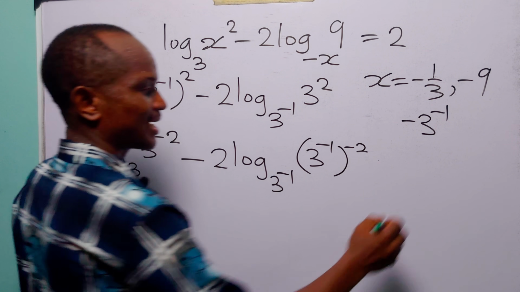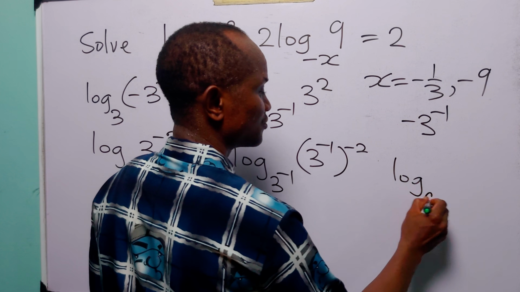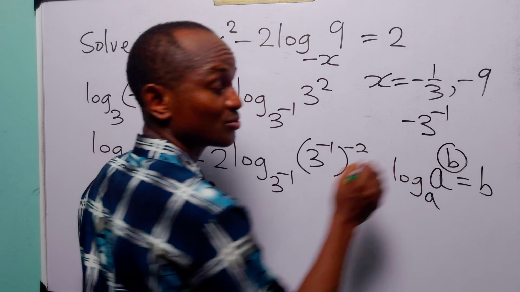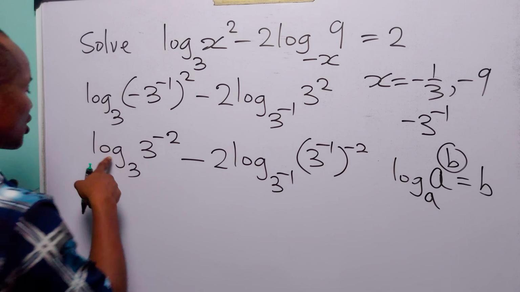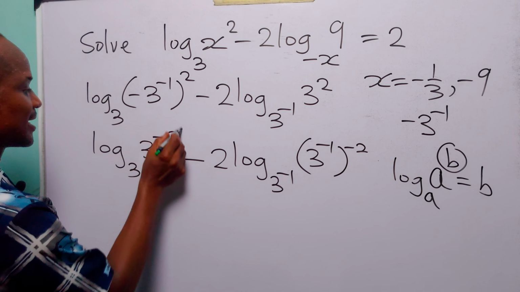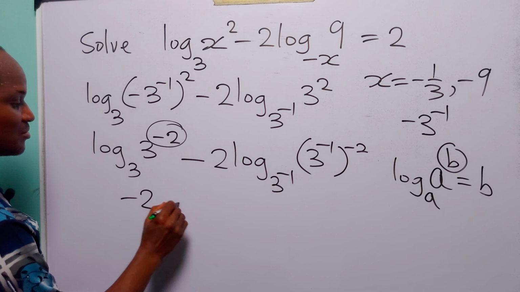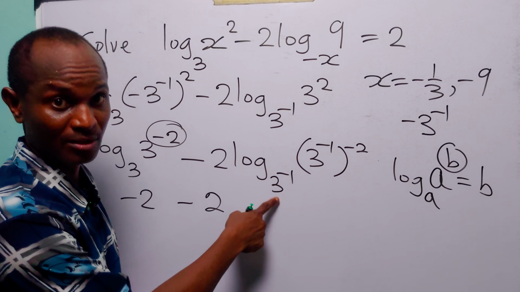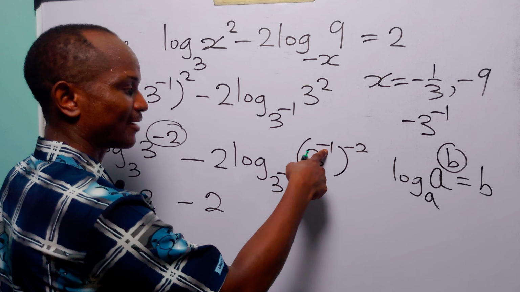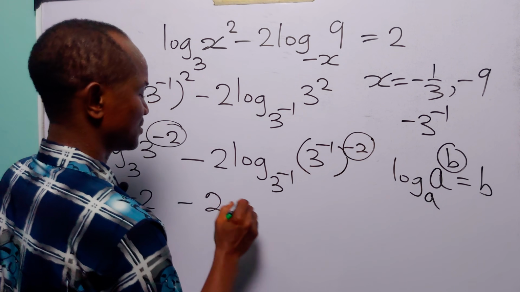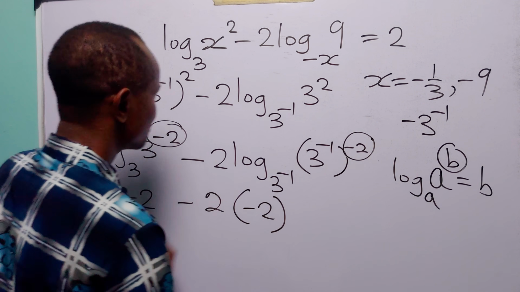Now, remember that log₃ of a to the power b is equal to b. So that means that log₃ of 3 to the power minus 2 is equal to minus 2. And log₃ to the power minus 1 of 3 to the power minus 1 to the power minus 2 is equal to minus 2.